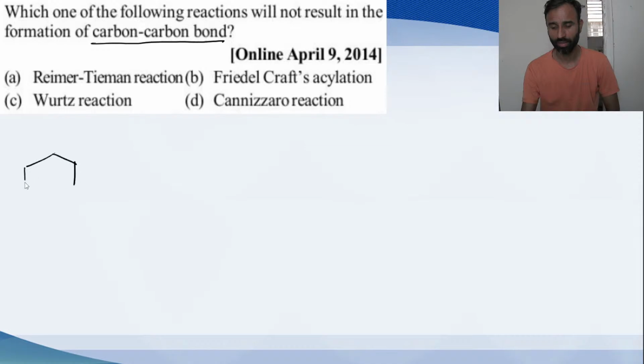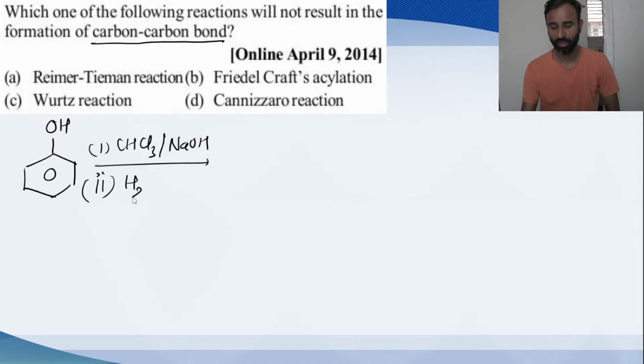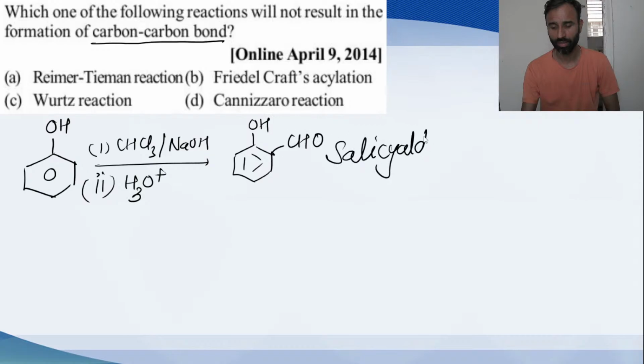In the Reimer-Tiemann reaction, phenol reacts with chloroform in the presence of potassium hydroxide or sodium hydroxide, followed by hydrolysis, and we get salicylaldehyde, or salicylic acid with carbon tetrachloride.